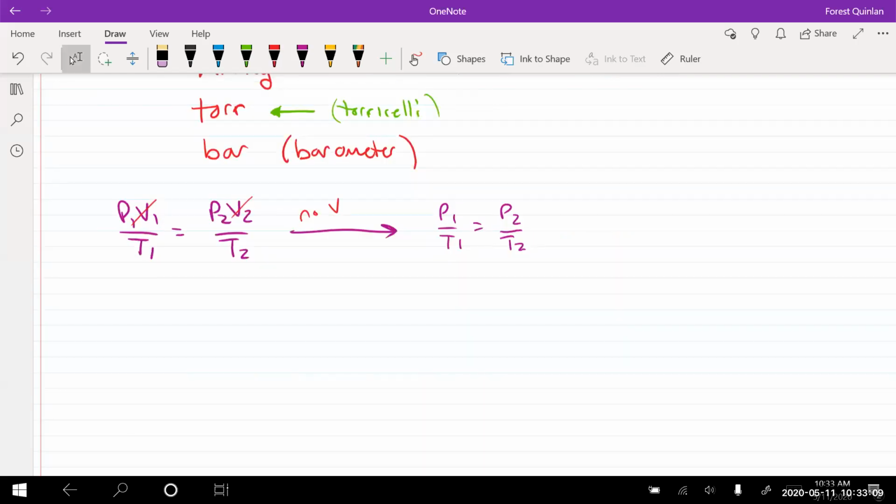Okay, so we're solving for T2. T2 is equal to P2 T1 over P1. Should that temperature go up or down?